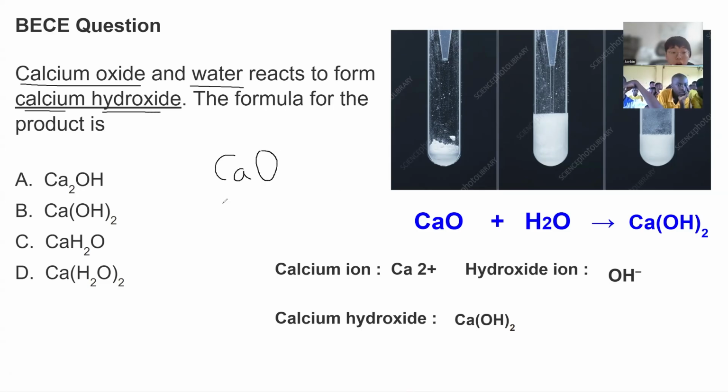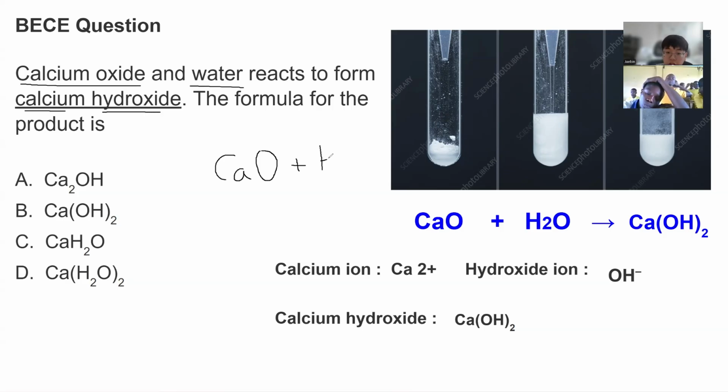To know the naming, basically for any type of ionic bonds, it has an "ide" at the end. But just know that calcium oxide is CaO for now, and then it reacts with water. You know the formula of water?